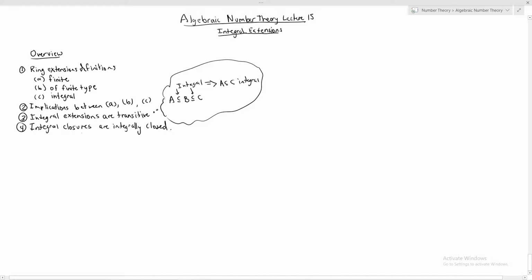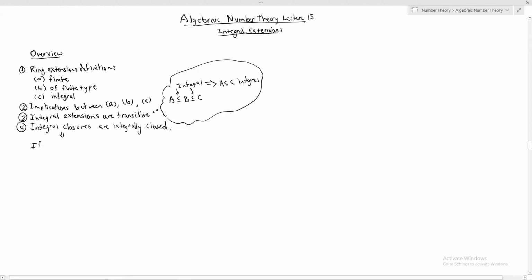I mean, if you take your ring of integers in your favorite number field, that's actually an integrally closed ring. At this moment, we don't actually know that. I can't just keep taking integral closures over and over again. Basically, after taking one integral closure, the collection of elements is closed. So what does this imply? What is useful about this?